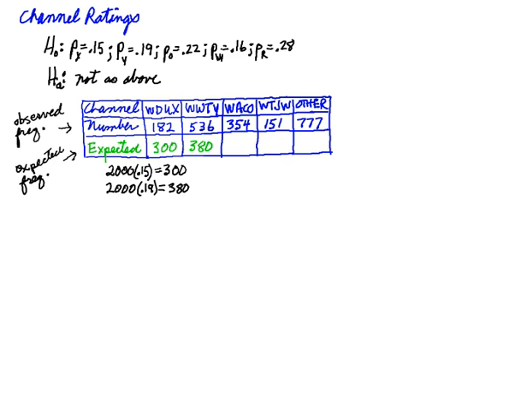So again, there seems to be a little bit of a difference there. Going on for WACO, we would have expected 22%, which is 440. What we observed from our 2,000 sample was 354.